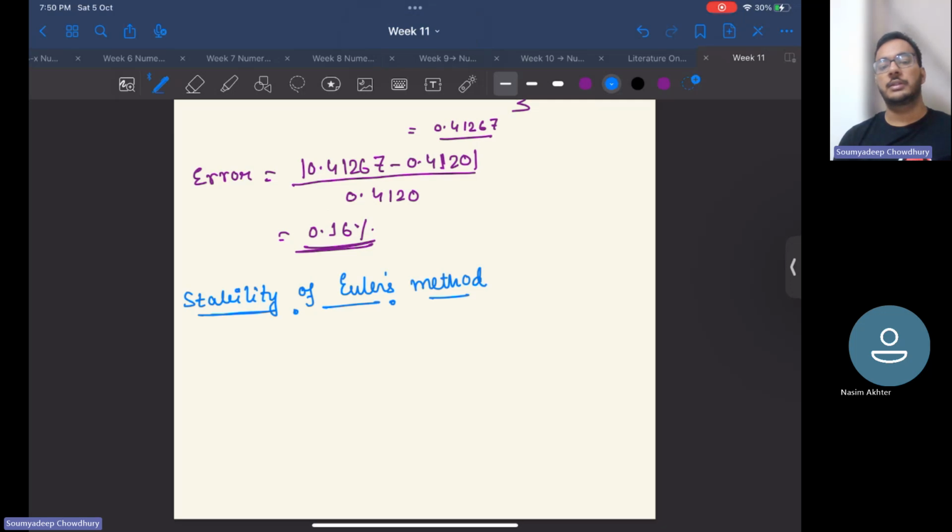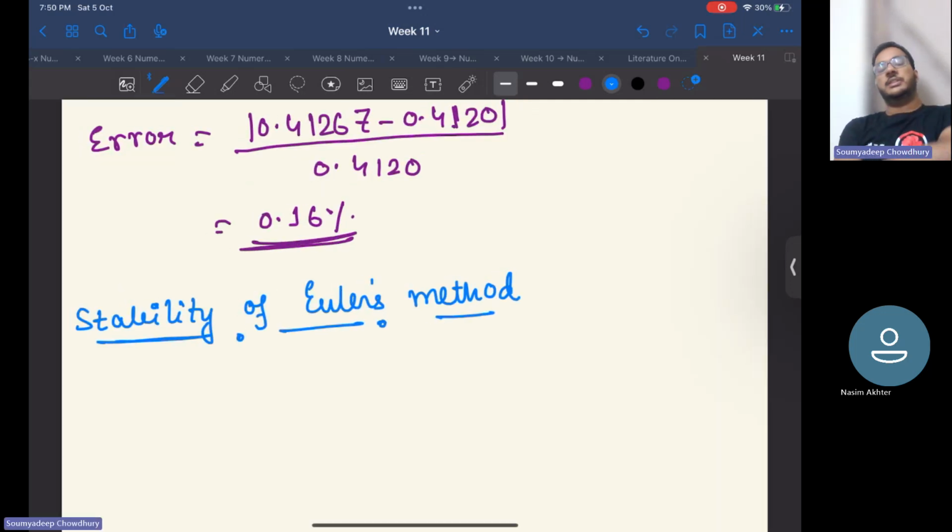And what do you think the stability of the solution of these differential equations will depend on? This accuracy or stability, whatever you talk about, depends on only two parameters. The first one is your step size, and the second one is the method which you are using to solve that particular differential equation, whether it is Euler's method, RK2 method or Runge-Kutta fourth order method, anything. These two parameters only define your accuracy or the stability.